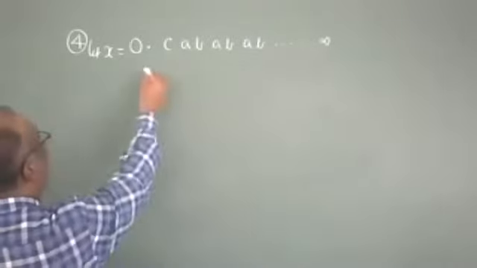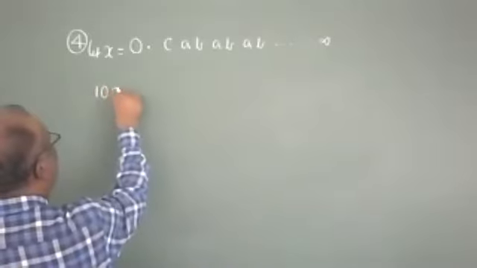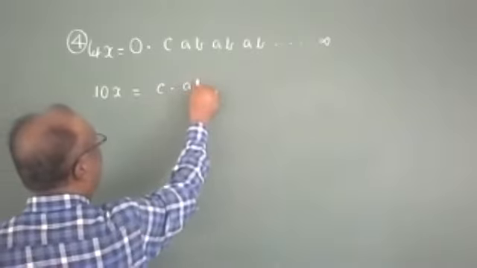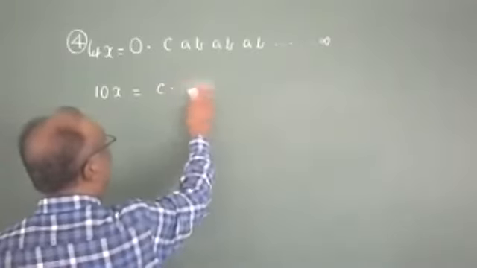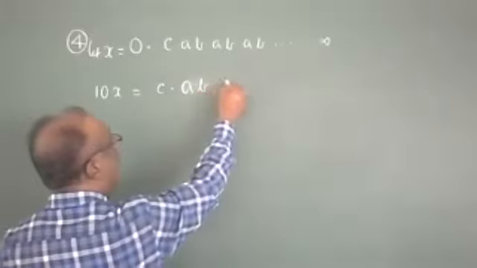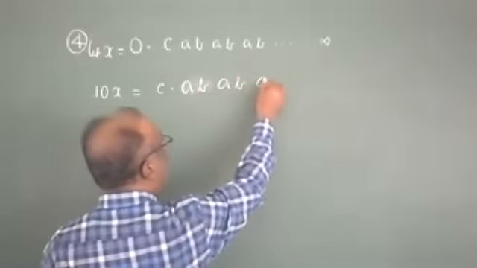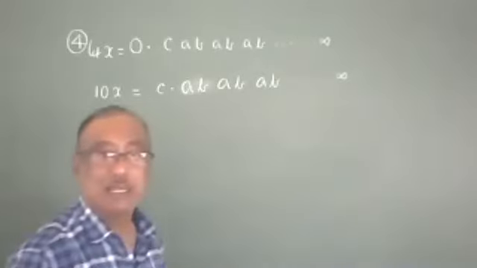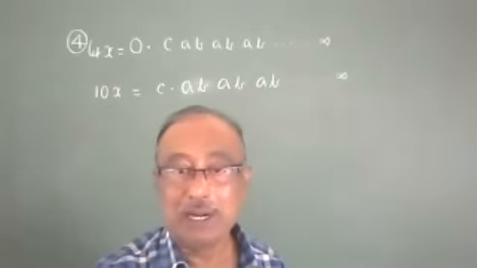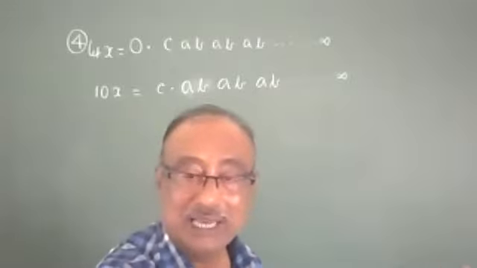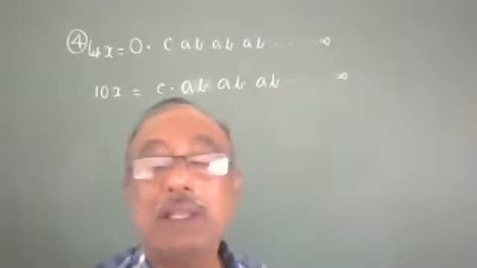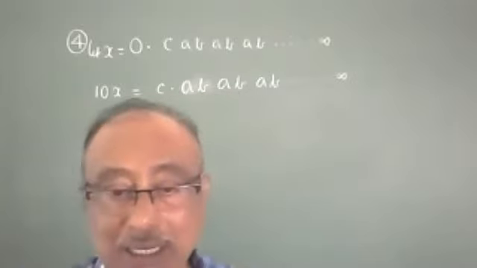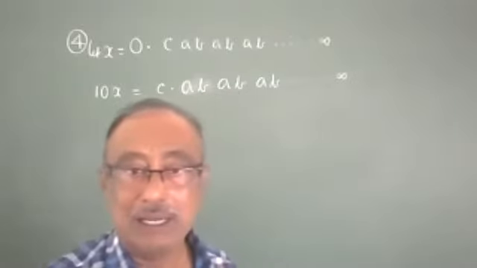So 10x is equal to C.ABABAB, going on up to infinite. Any doubt? By the multiplication of 10, the point is extended by one place. Is it clear, everyone?